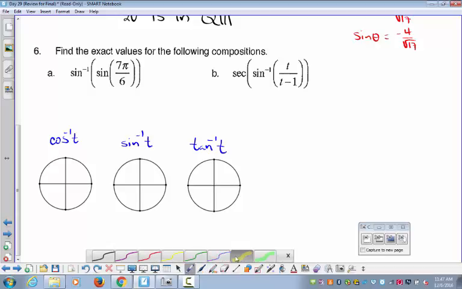Which half of the unit circle does inverse cosine live on? Top half. So inverse cosine, top half. How about inverse sine and inverse tangent? Both of those are on the right side.